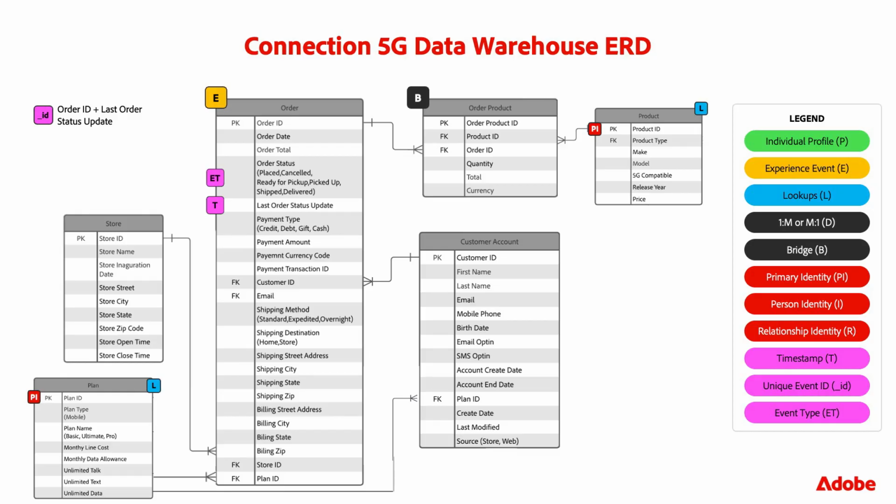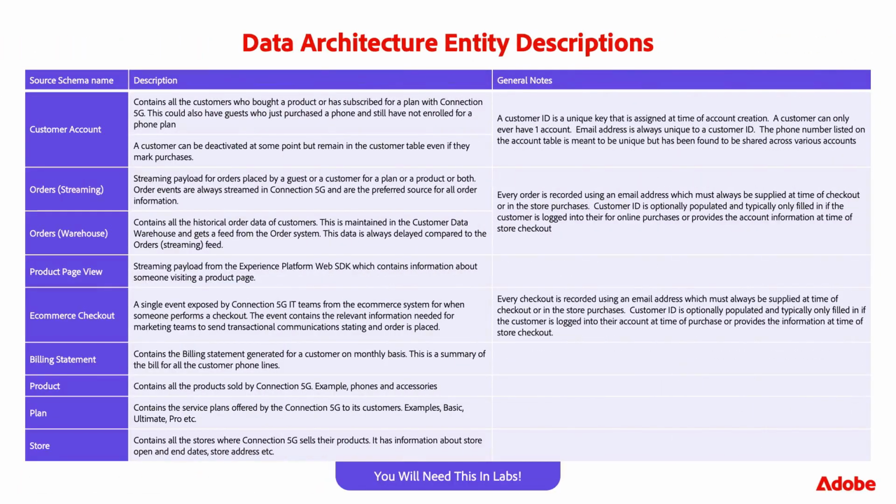Now let's look at the relationship fields of this table. Store ID and plan ID are lookup tables, and so the foreign keys here are both labeled as R's for the relationship. Now this is where the tricky part is. What is the primary identity and any other person identities of the schema? If you had gone through the Connection 5G training scenario information, you would have found that on the order table, email is always populated as we take guest orders.